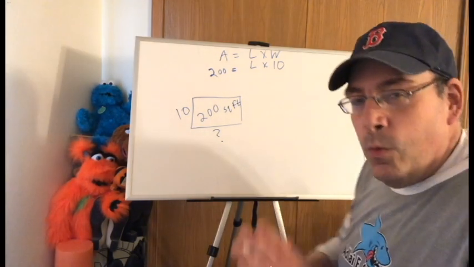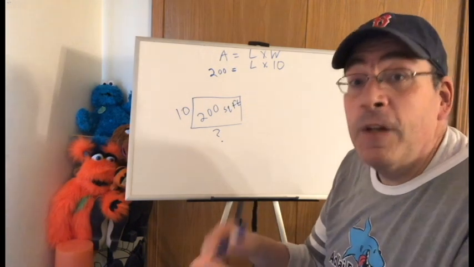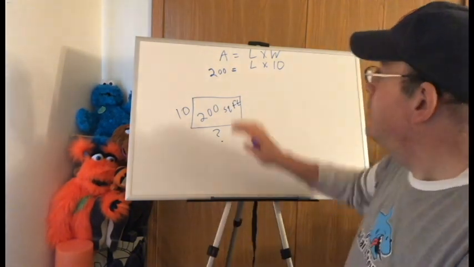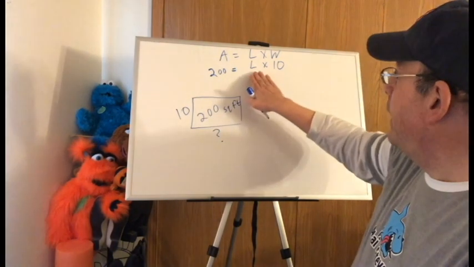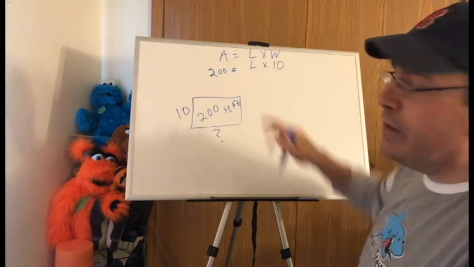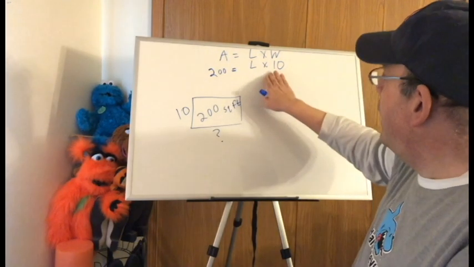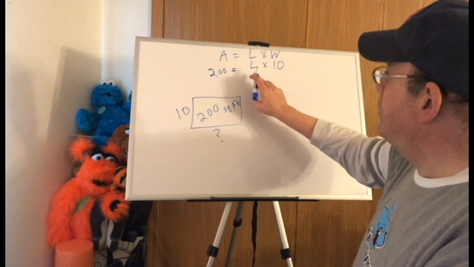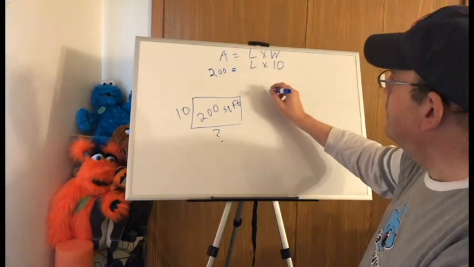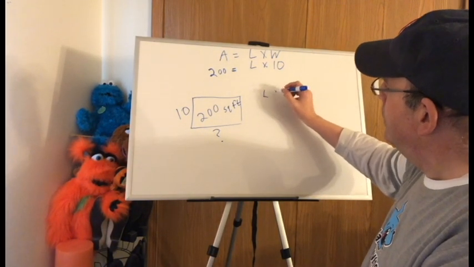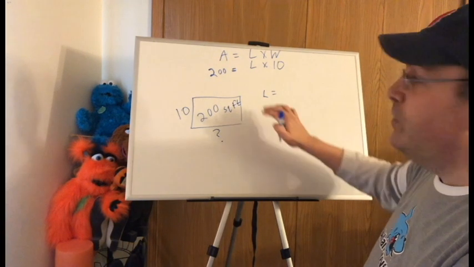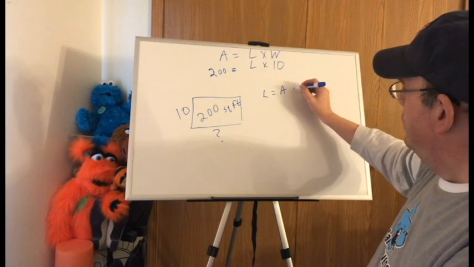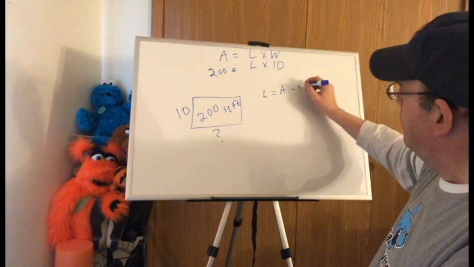Okay, so remember, when you're solving problems like this, you always want to look at the inverse operation. Inverse means opposite. So to find area, we multiply length times width. So to find out one of the factors, we're just going to do the inverse and divide. So since we don't know what the length is, well, length equals the area, 200, divided by the width.